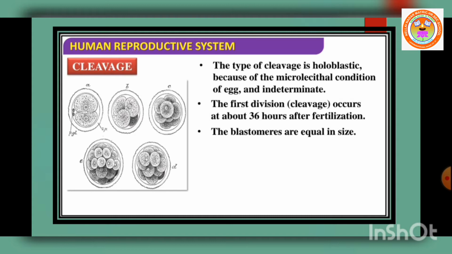Fertilization results in the formation of diploid zygote. The first cleavage produces two identical cells called blastomeres. Blastomeres undergo further mitotic divisions to produce 4 cells, then 8 cells, and so on.